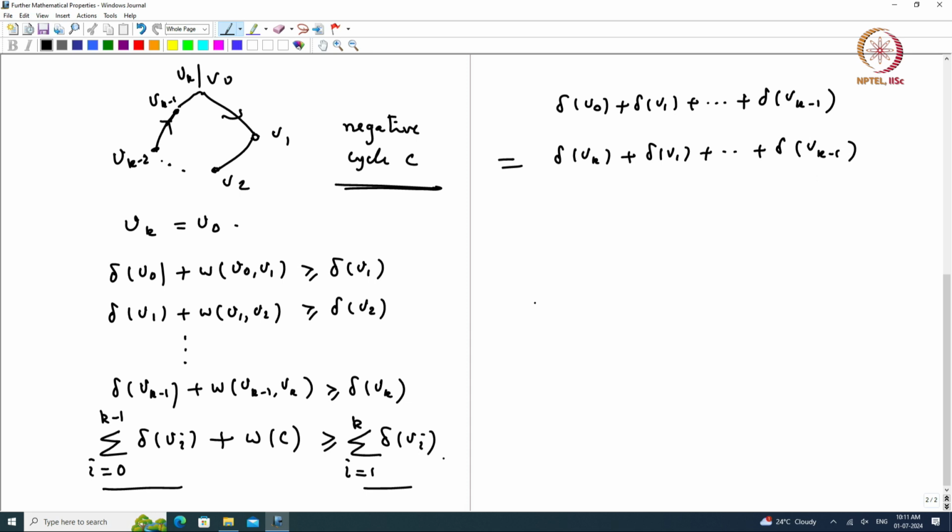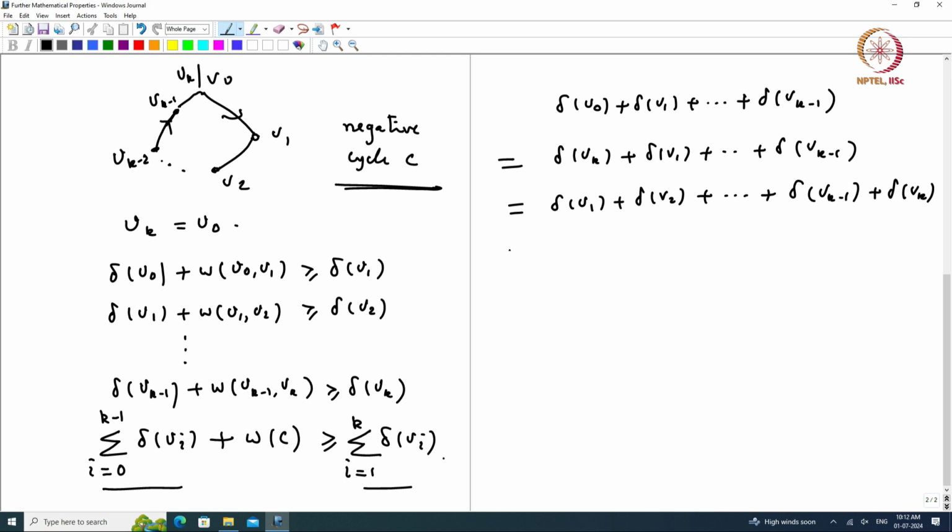Move the V k term to the end, and you will see that this is delta V 1 plus delta V 2 plus ... delta V k minus 1 plus delta V k. All right. Therefore, these two sums are equal.